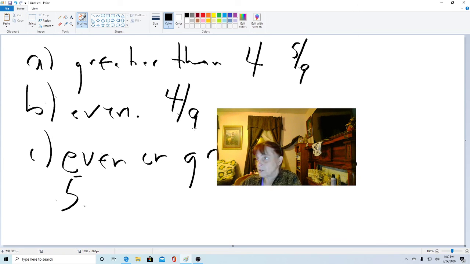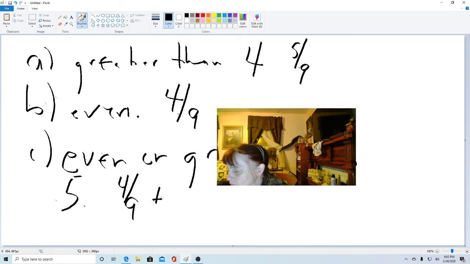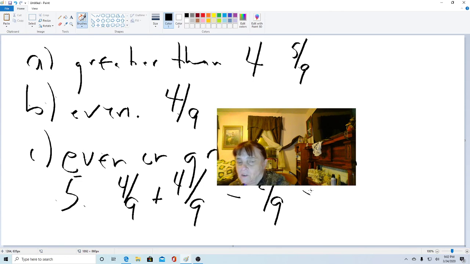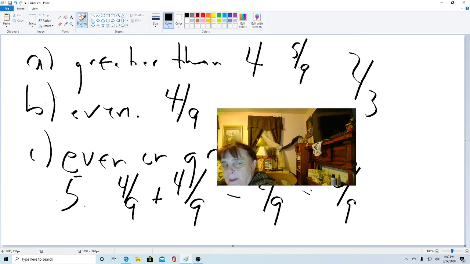And even or greater than 5 is the probability it's even, plus the probability it's greater than 5, minus the number that's even and greater than 5. The ones that are even and greater than 5 is 2 ninths. So 8 ninths minus 2 ninths is 6 ninths, which reduces to 2/3. So part C is 2/3.